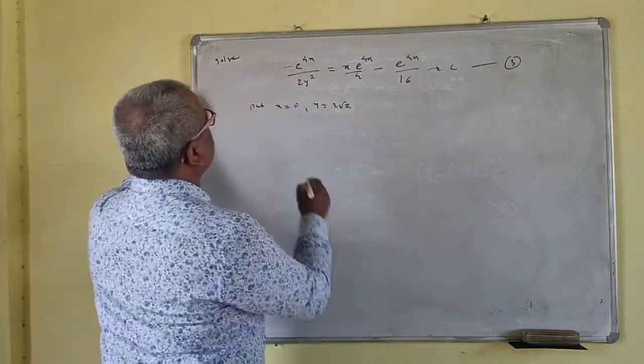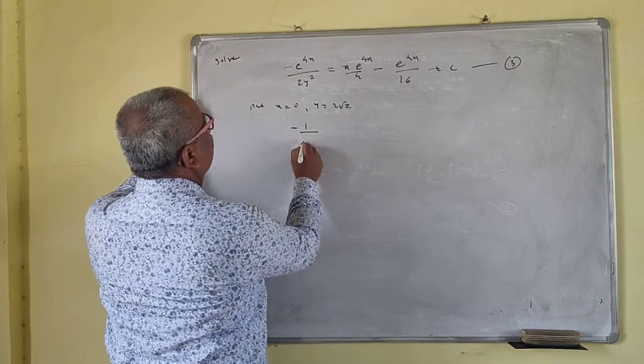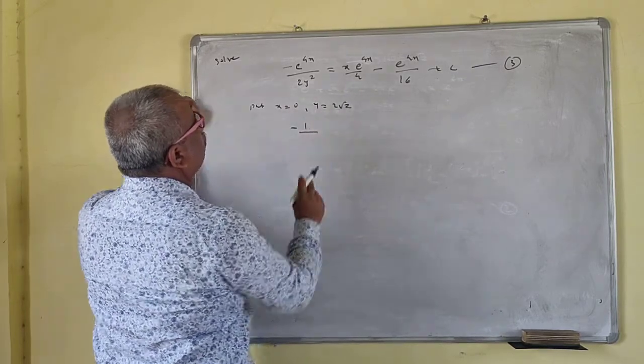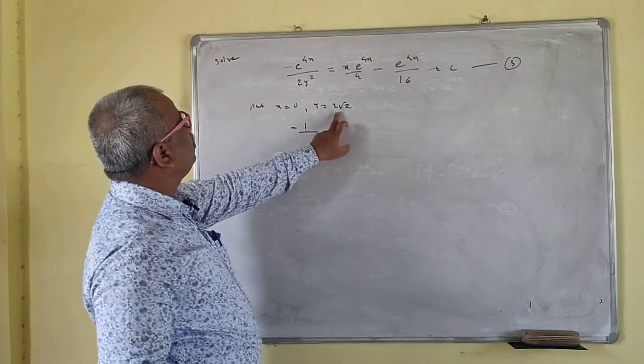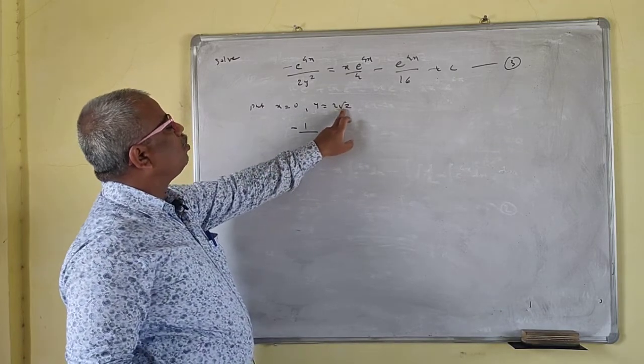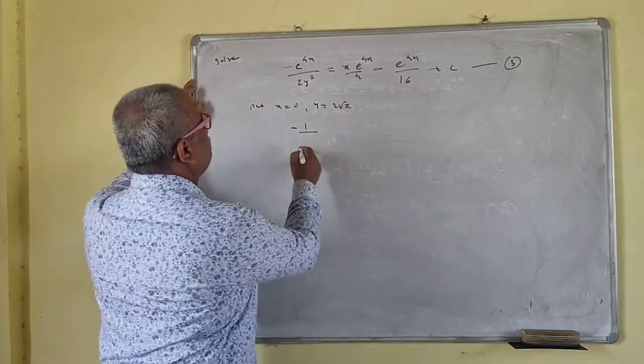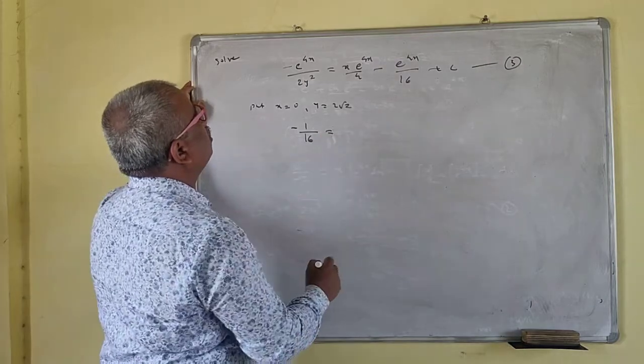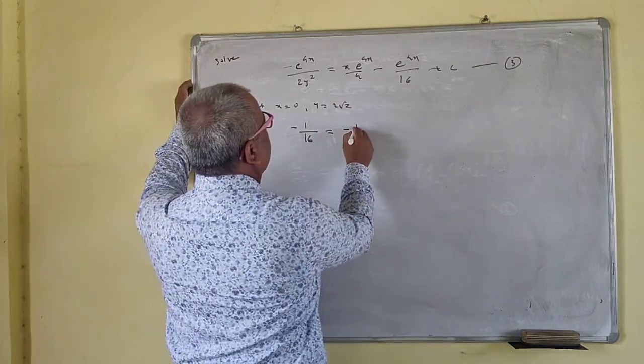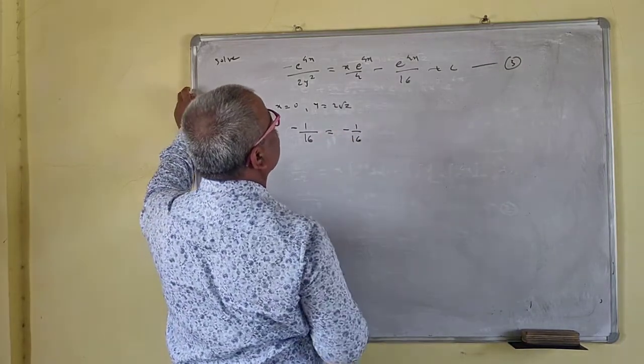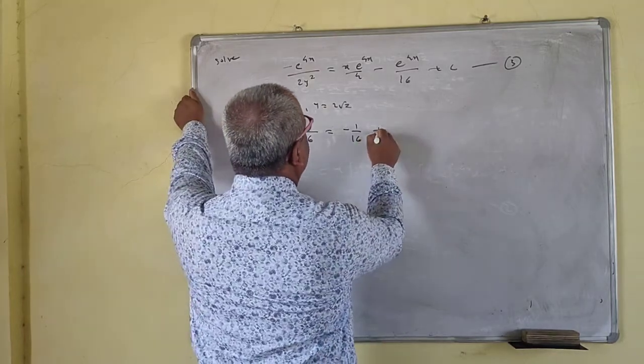So this is minus 1 upon twice the square of 2 root 2, which is 4 into 2 is 8, so this is minus 1 by 16, and the x terms are 0, minus 1 by 16 plus c.